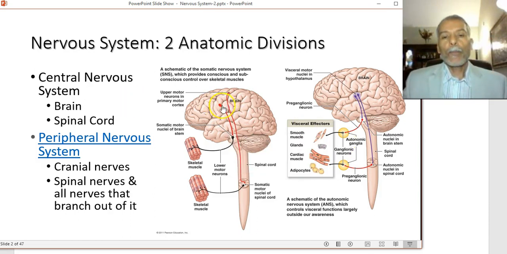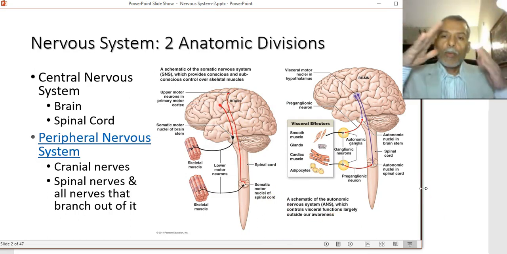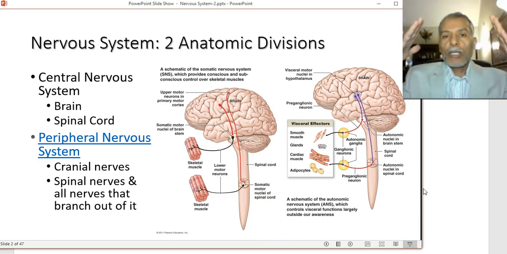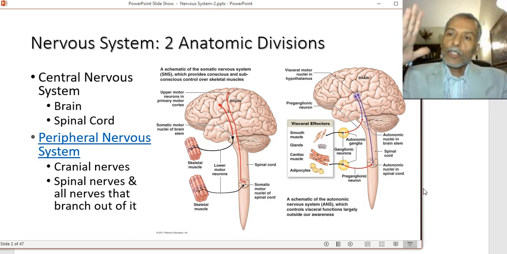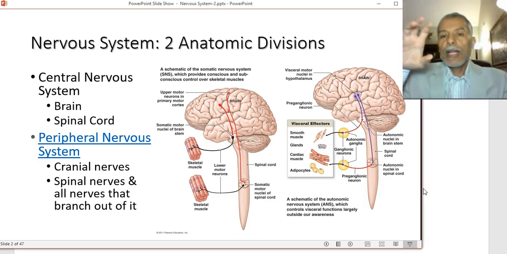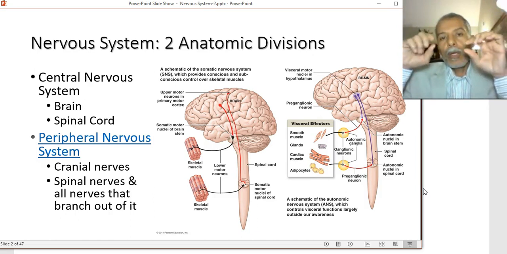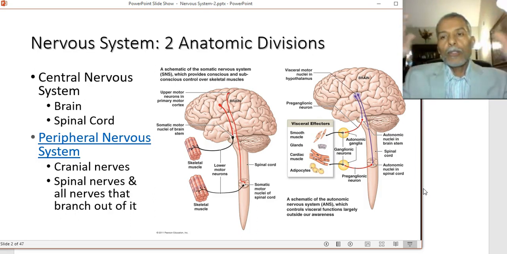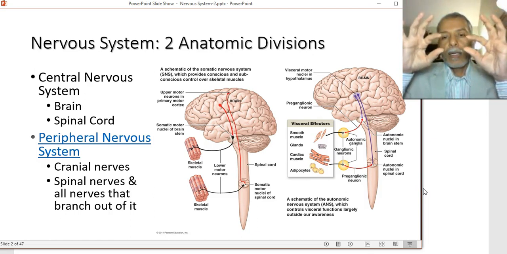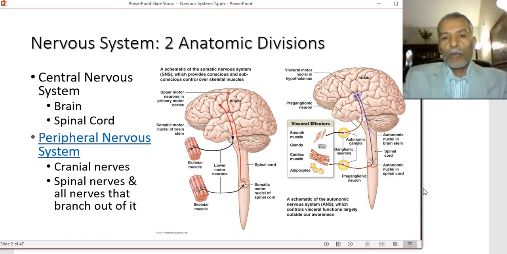So generally, anatomically, the nervous system has two major anatomic divisions. One is the central, which is the brain and the spinal cord. And then the peripheral includes all the nerves that come out of the brainstem and out of the spinal cord.